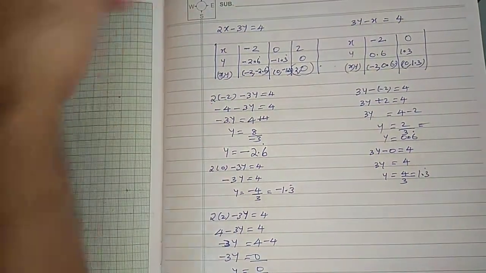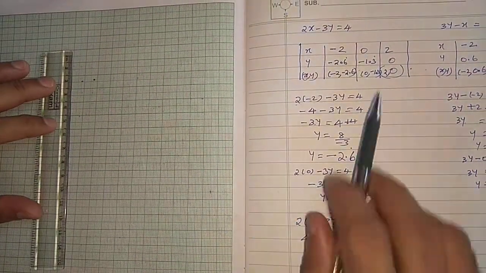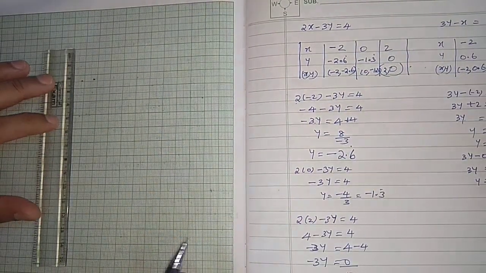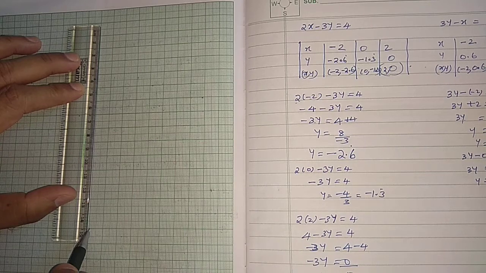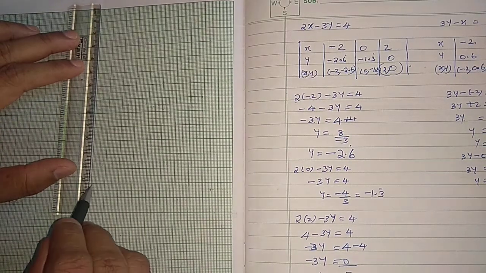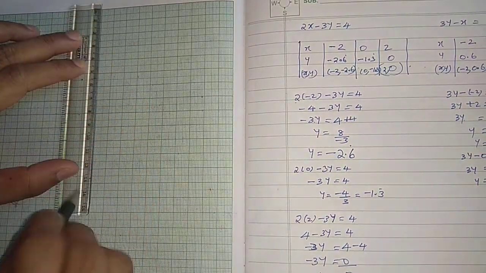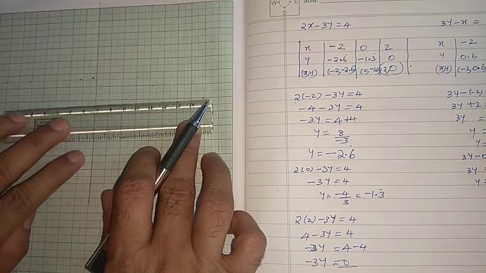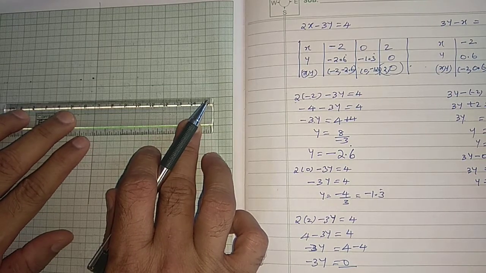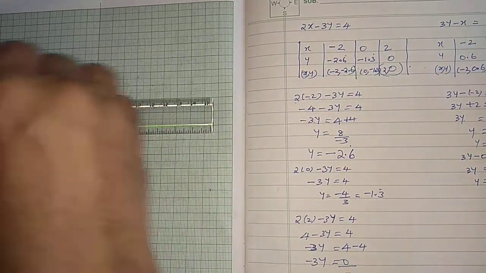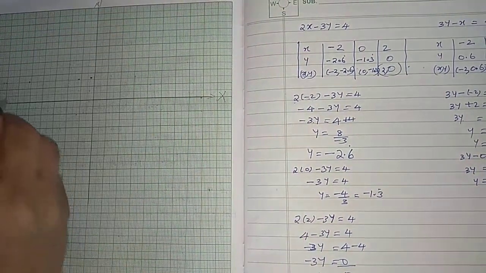Again we take x and y axis. Here all decimal values are coming. We start from here. Horizontal axis x axis, vertical axis y axis.